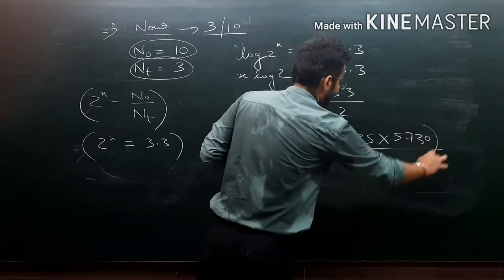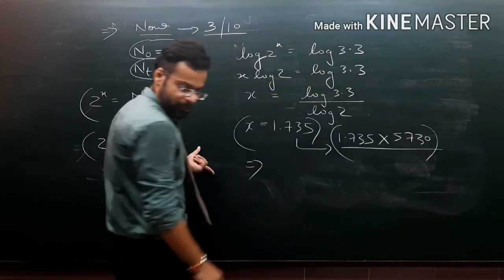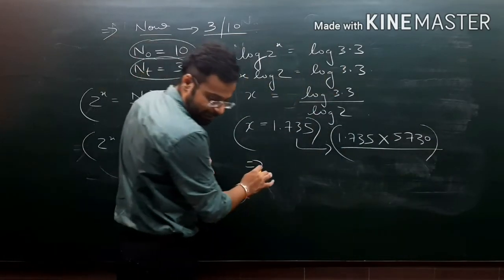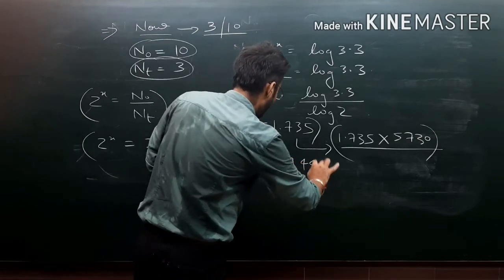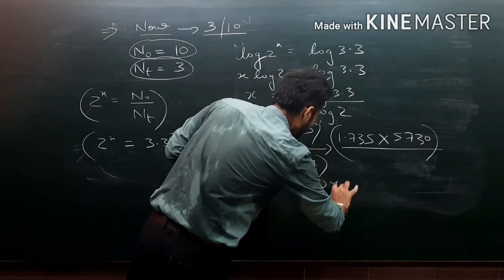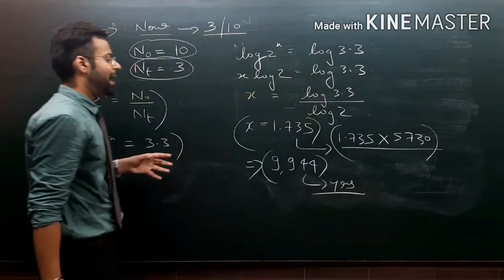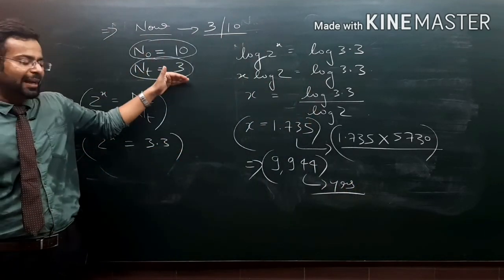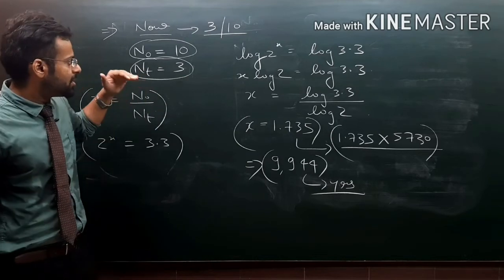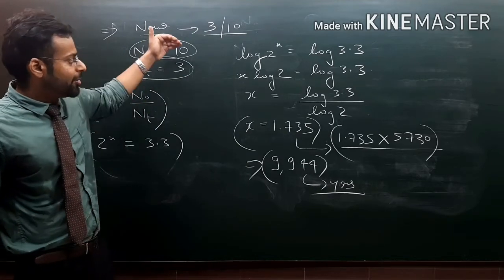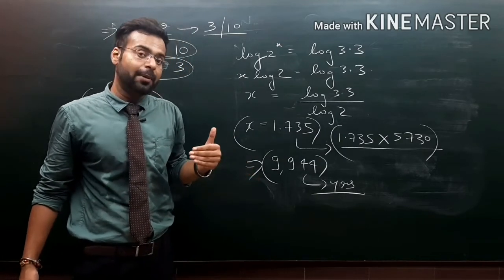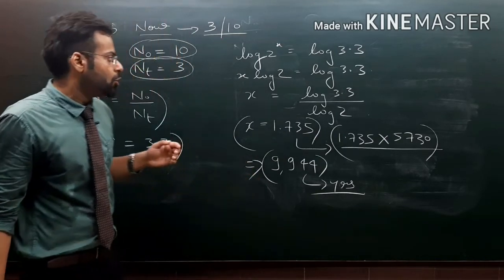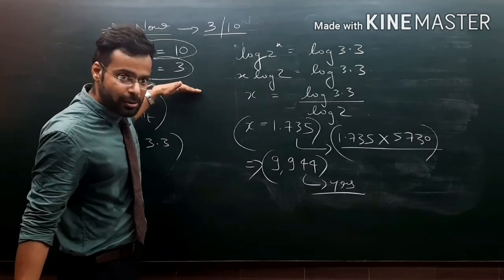Calculating the number of years, it comes to be approximately 9944. So that is the amount of time in years that must have passed to make it 3/10. Now you can relate it. If it had become half of the earlier, it would have been 5730 years.